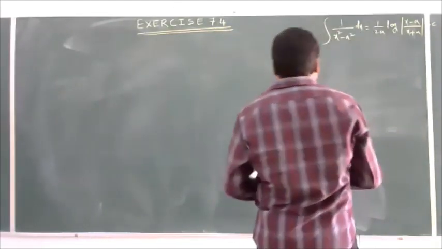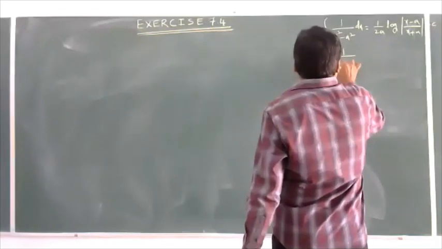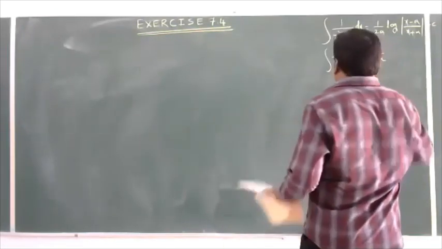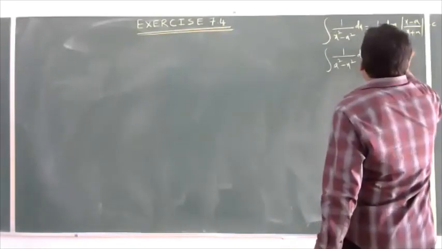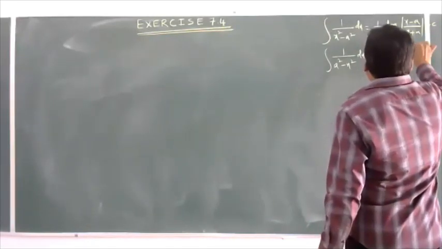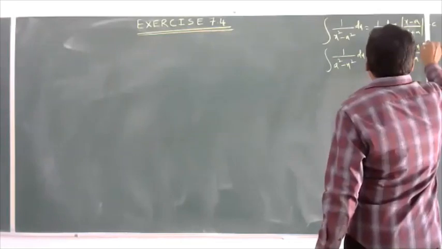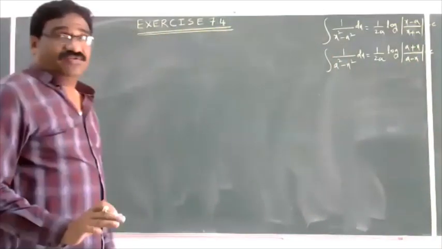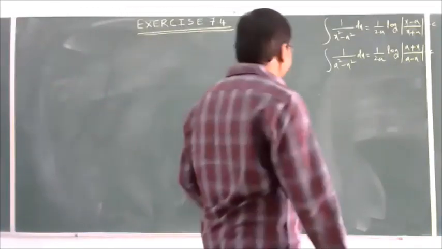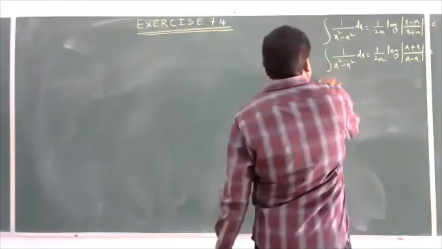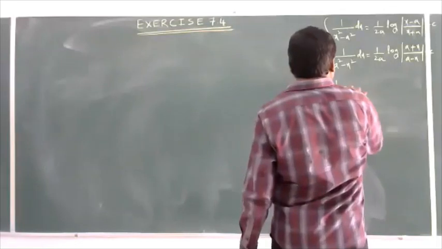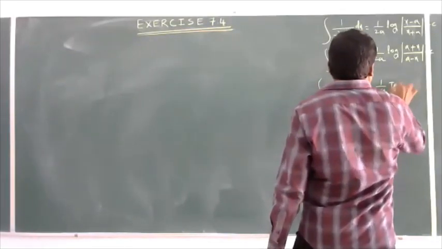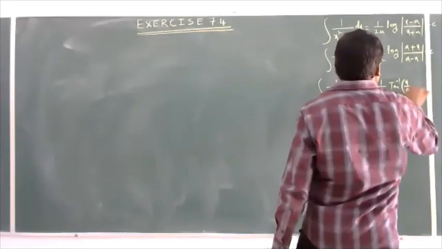Integral 1 by a square minus x square dx is equal to 1 by 2a log mod a plus x by a minus x plus c. Third formula, integral 1 by x square plus a square dx is equal to 1 by a tan inverse x by a plus c.